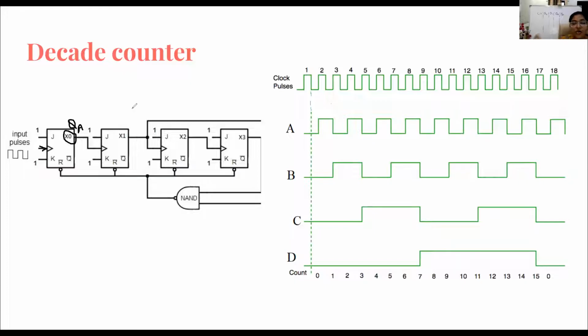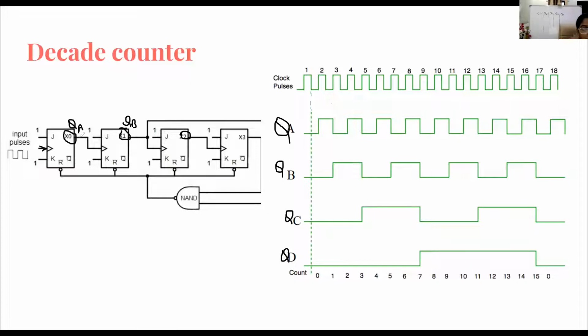You can write A, QA, x0, x1, anything. But the nomenclature has to be the same throughout all the flip-flops. If you're using QA, then you will write QB, QC, QD, and so on. Output of the first flip-flop I will write QA, output of the second flip-flop QB, then QC, then QD. Please stick to the nomenclatures.